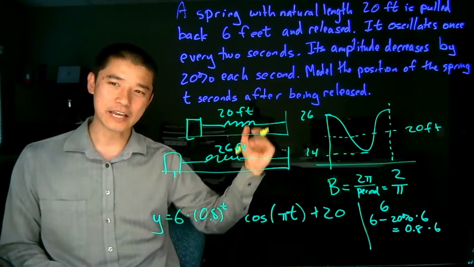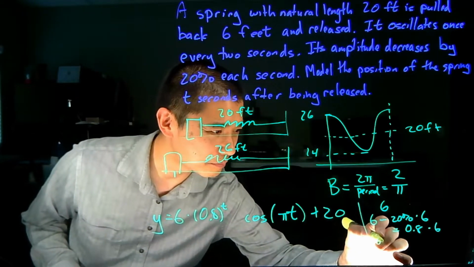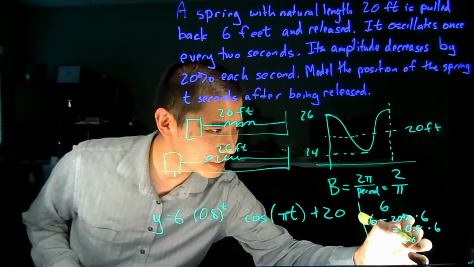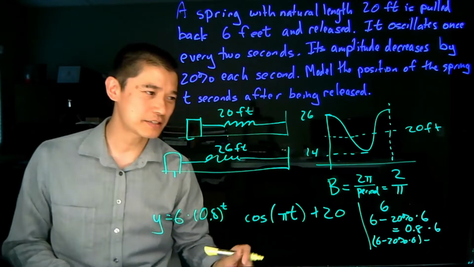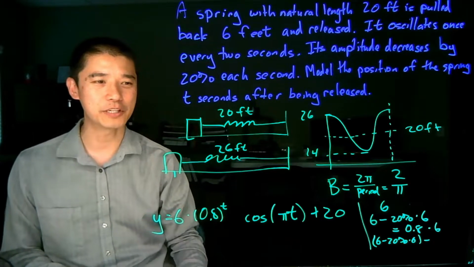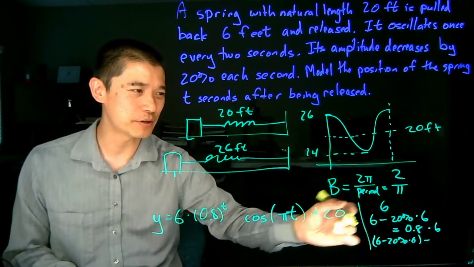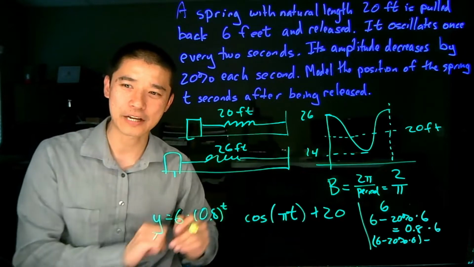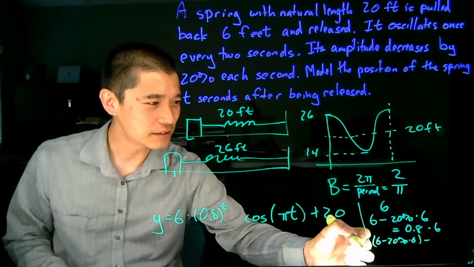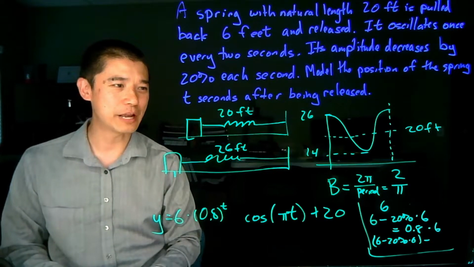And then the next stage is going to be 20% away from this. So 6 minus 20% of 6, minus 20% of that part. I'm running out of space here, but this is exactly the same calculation we did with the population model previously. You're going to factor out another 0.8, so it's going to be 0.8 squared times the 6. And this is what leads us to this value right here for the variable amplitude.